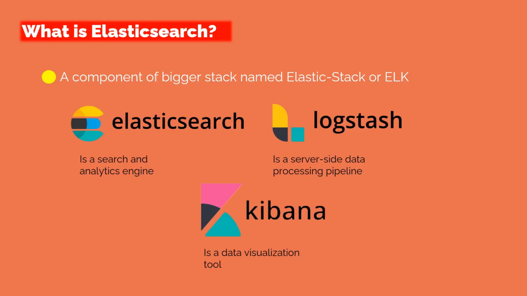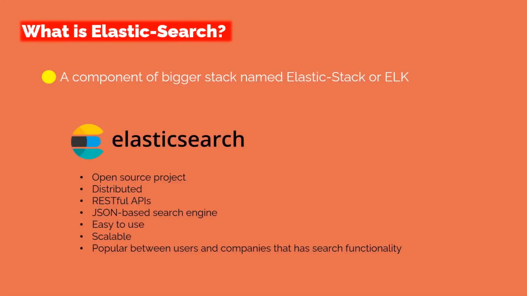So you can use it for presenting your results with different graphs. So in this stack, Elasticsearch is a search engine, and it is a distributed and open source project with RESTful APIs and is scalable and other features.